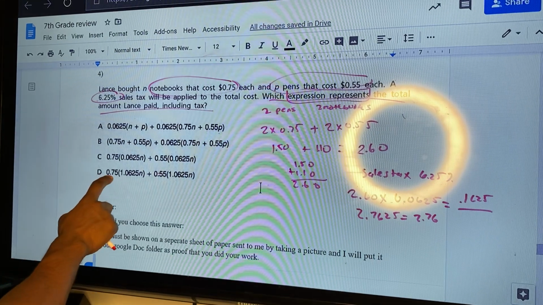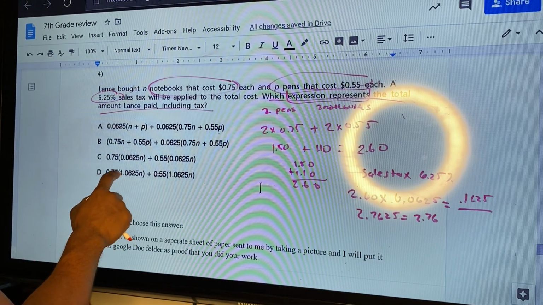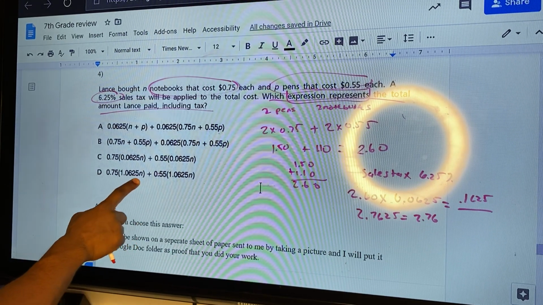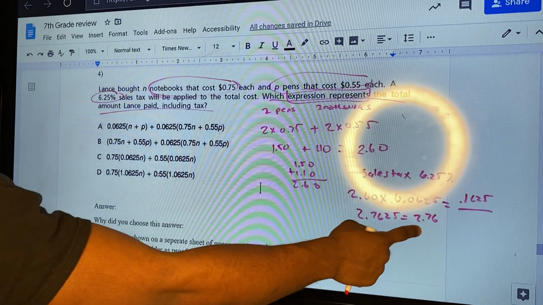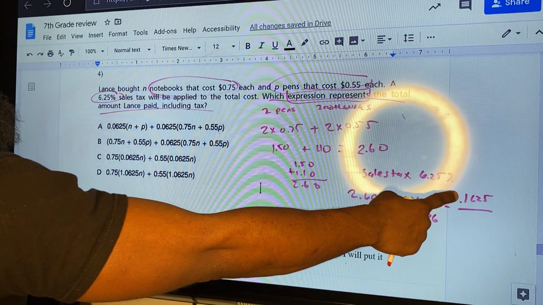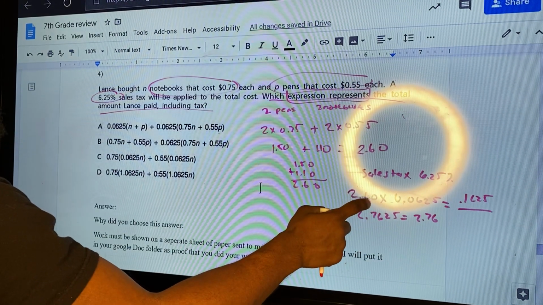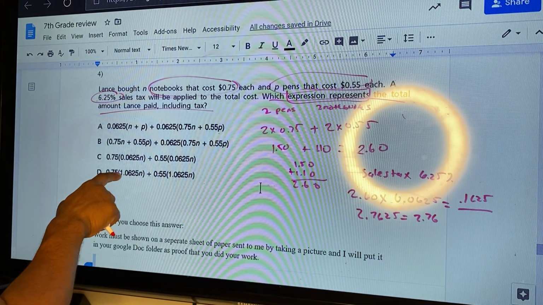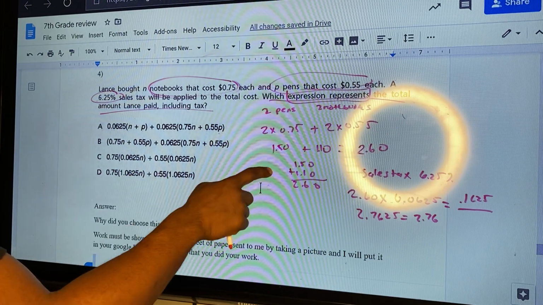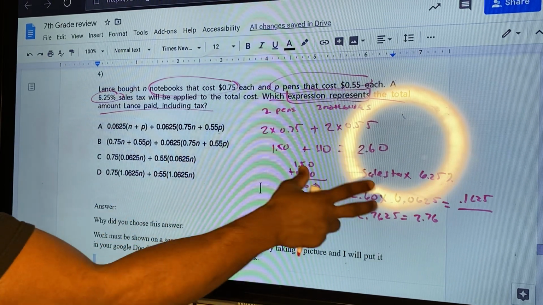Here they got the notebook, and then they added the 1.0625. It's the same thing as doing this, where you find a sales tax dollar amount and then you add it to the original price. And this original price is 100% of the price. So that's why they got 1.0625 here. This is the same as doing this.